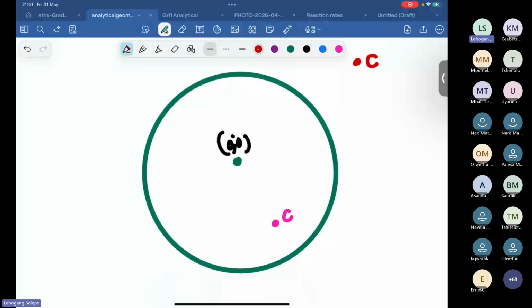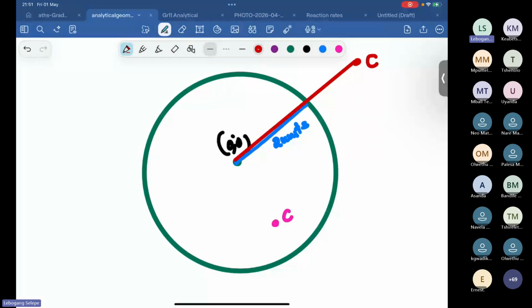Picture this. This right here is the radius of the circle. Do you agree with me if I say that that is the radius? Yes. So they told us that the radius is 2 units, right? So what are you noticing between the radius and the distance between the origin and C if C is outside?